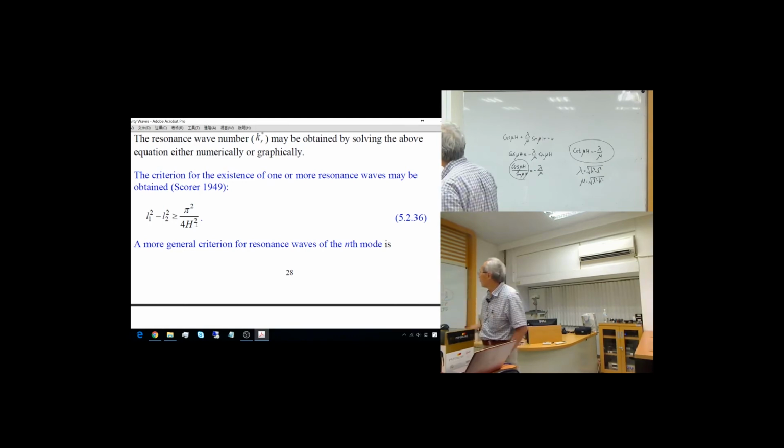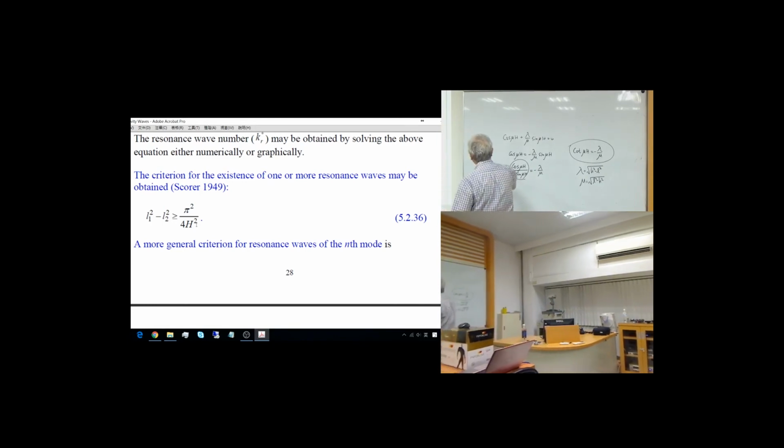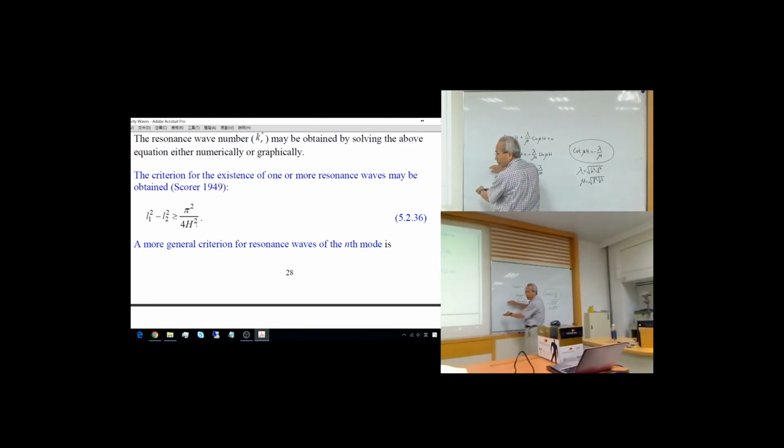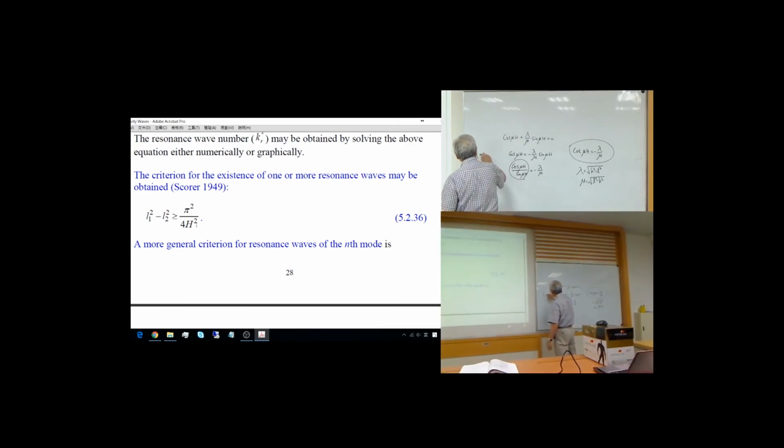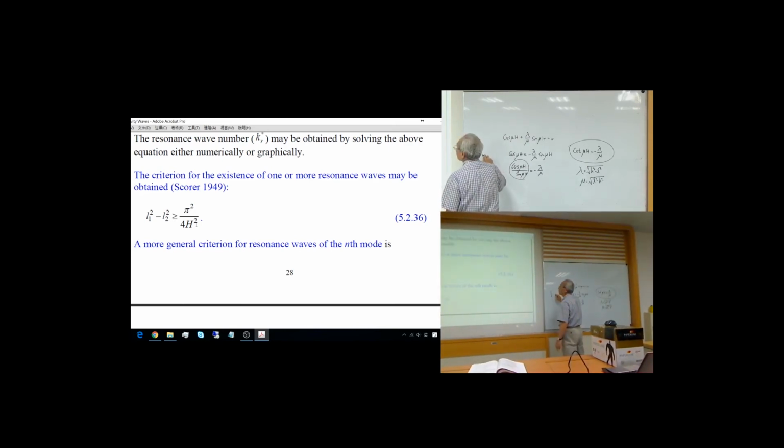In other words, your low level L1 must be greater than the upper level L2. Because L square equals n square over u square minus u double prime over u.